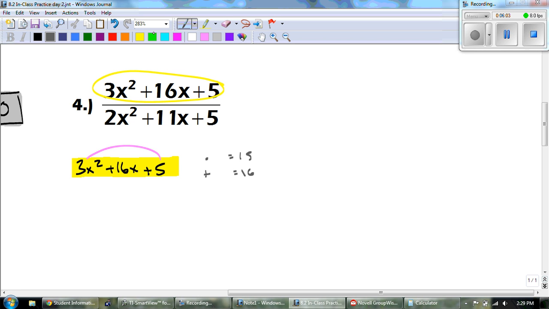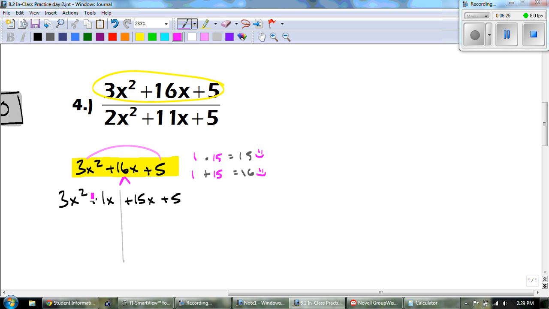What are they? Yeah, you should have 1 and 15. Remember, they need to work for both cases. We're going to split the middle term. So we have 3x squared plus 1x plus 15x plus 5.